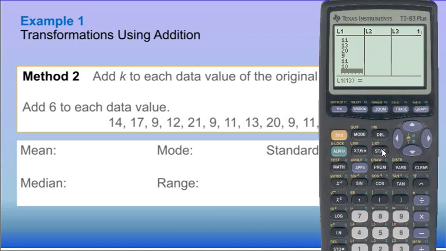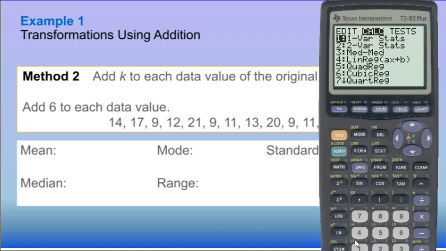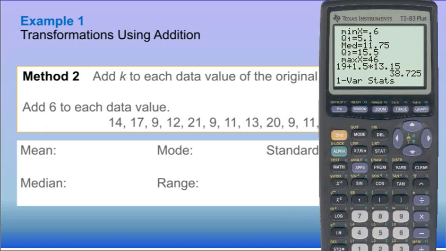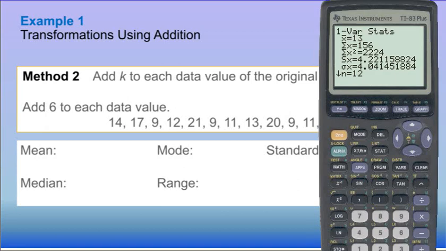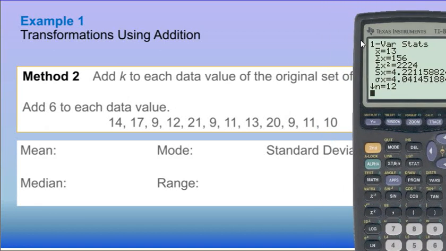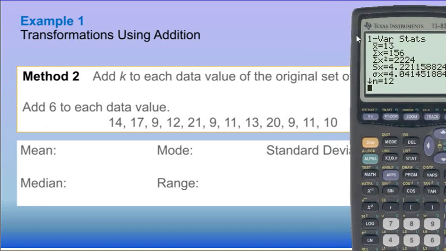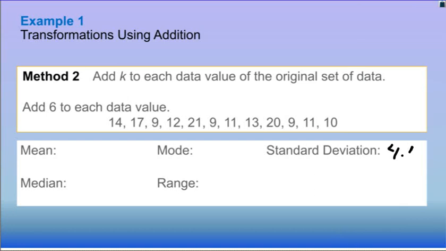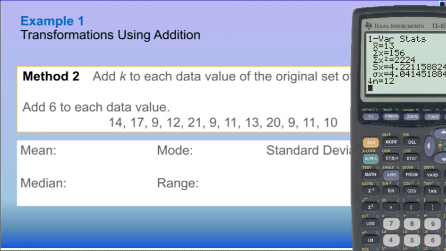Okay, now we hit Stat, calculate one variable, enter, and then our standard deviation, let's do that first. So that's 4 points. We'll do that 4.0. And then our mean. Actually, our mean is up at the top.